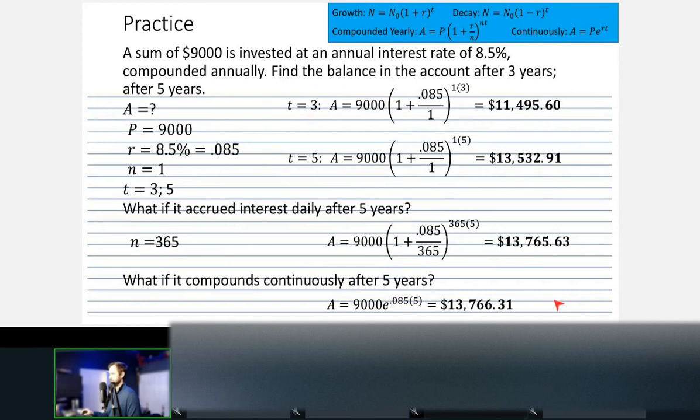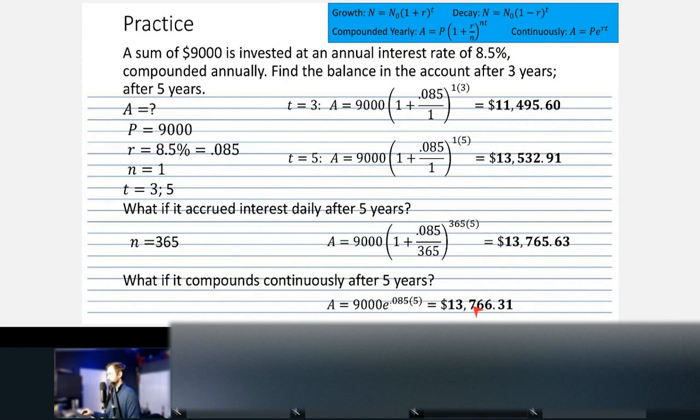Now, if you notice, both of these are after 5 years. This one is compounded annually, and we now have $13,530.91. And then if we compound it continuously after 5 years, we'll have this much money.